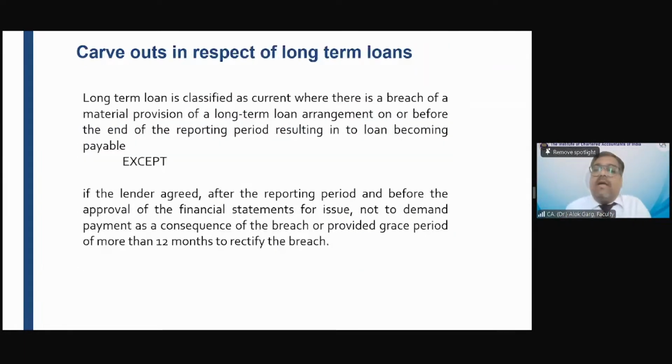Friends, there is one carve out which is given, and let me talk about that carve out for the current and non-current liability. I have taken one question where there was a default in the loan covenant, right? So for example, in the same question, the company has taken a loan from a bank on 1st January 2025 for rupees 1 crore.